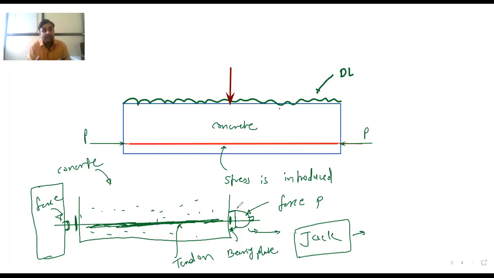Internal pre-stressing means what? We are applying pre-stressing to tendon. Okay, bar. We are not directly applying the pre-stressing to the concrete. We want pre-stressed concrete. Understand this. We want pre-stressed concrete, but we are not directly applying any stresses to concrete. We are applying stresses to tendon, or to the reinforcement or to the bar, and that tendon is transferring that stress to the concrete. Okay, so indirectly we are doing.